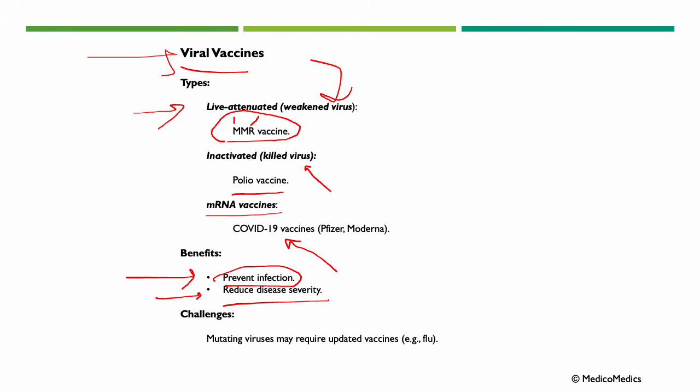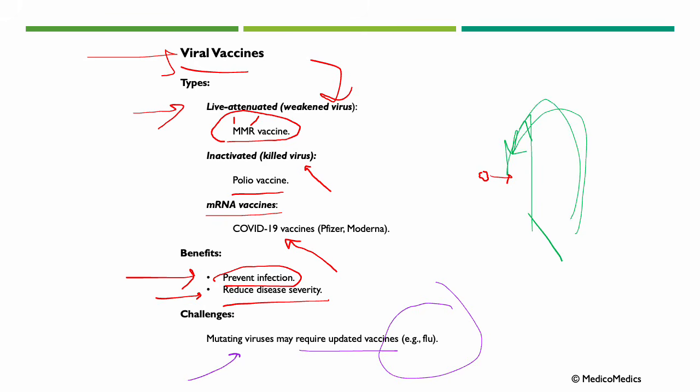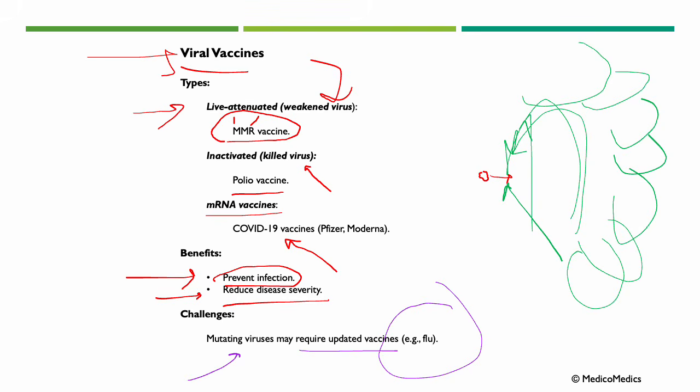And another challenge here would be that mutating viruses may require updated vaccines, for example, the flu. So vaccines are like training exercises for our immune system. We are presenting it with a little part of this pathogen, enough to stimulate our immune system to start building protection and antibodies, essentially cells, so that in the future, whenever this thing appears again, we already have a protection against it made in our system.